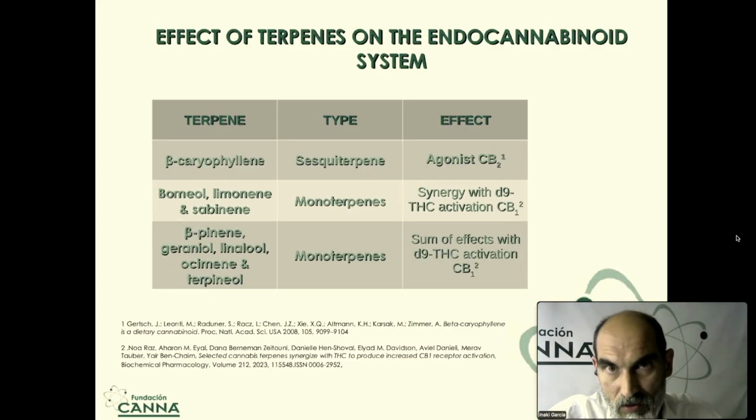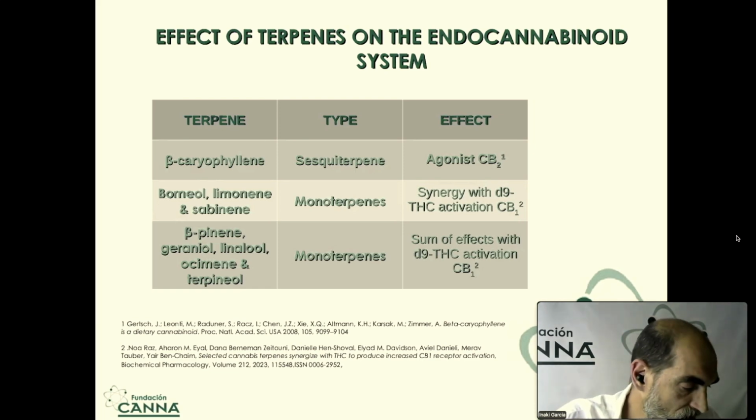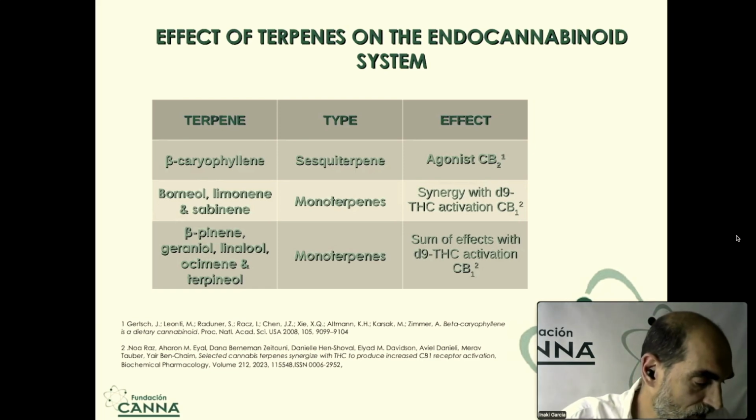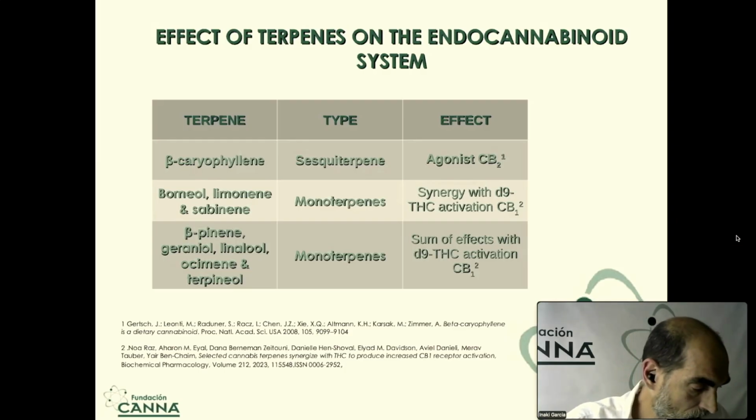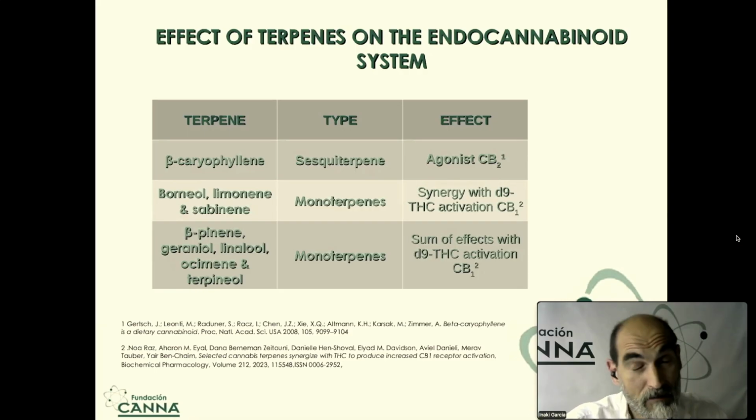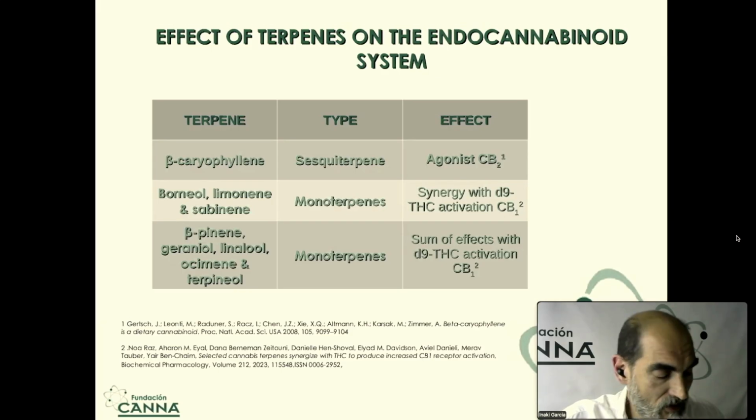So, as I'm sure you already know, there are several studies that have demonstrated the effect of terpenes on the endocannabinoid system. One of them, I think the oldest, discovered how beta-caryophyllene, which is a sesquiterpene, is also a cannabinoid because it has some affinity for the CB2 receptors.